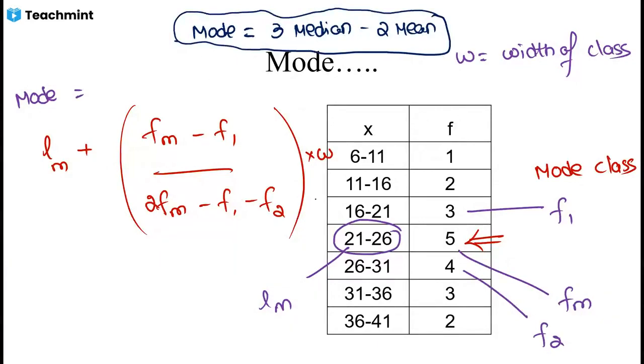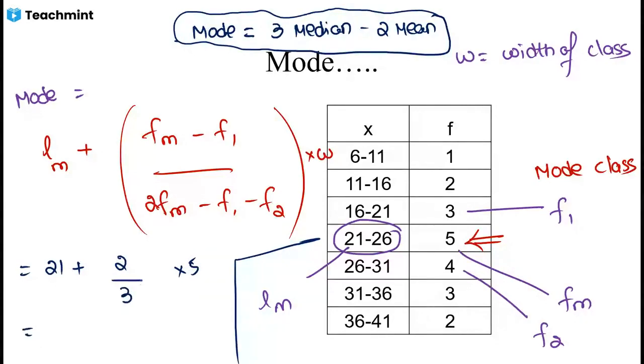So guys, what did you get? LM is 21. Fm minus F1 is nothing but 2. Width is 5. 2 Fm is 10. 10 minus 4 minus 3, we got 3. So it's nothing but 10 by 3.